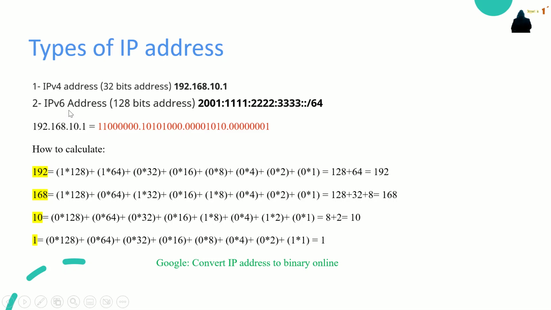And we also have IP version 6, which is new, and it is a 128-bit address, like 2001:1111:2222:3333::/64. But now we should focus on IP address version 4.